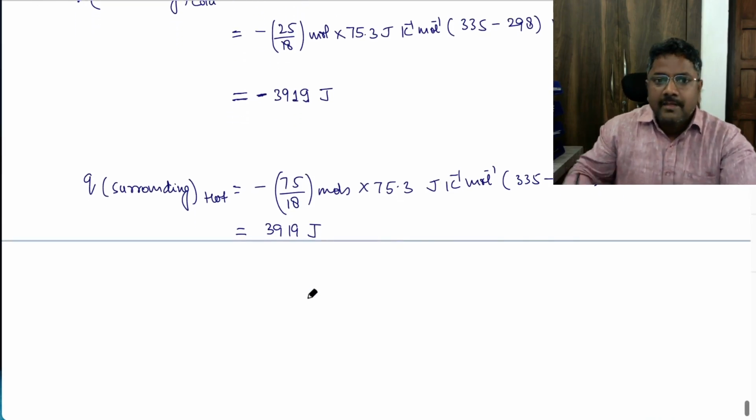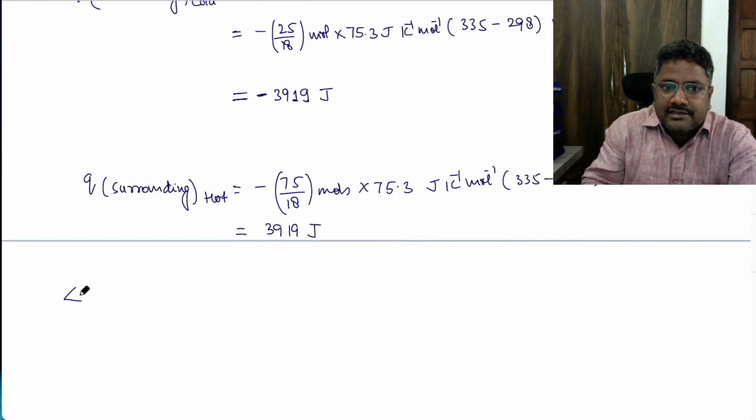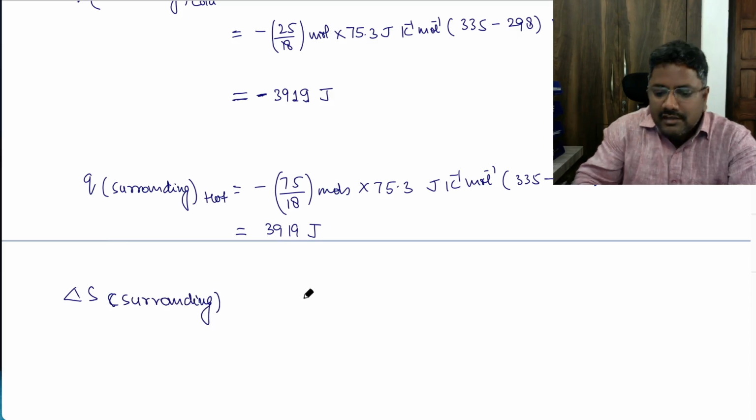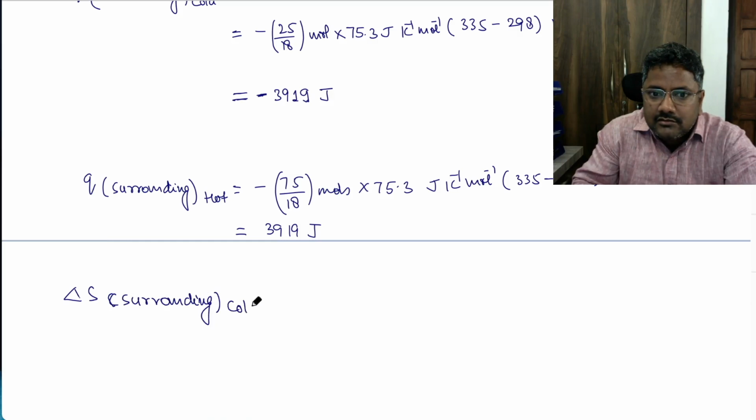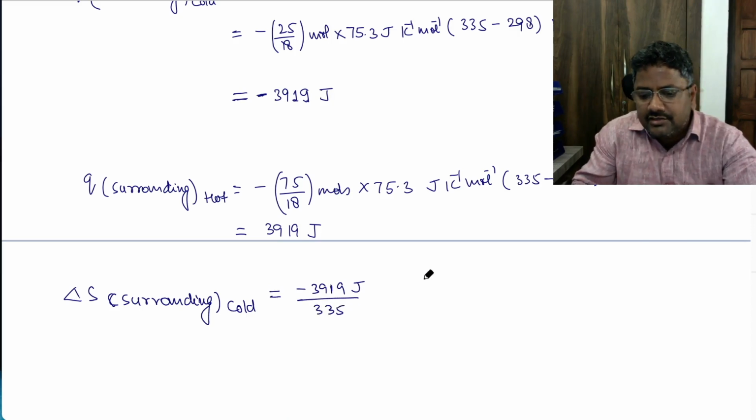Right, now we can calculate delta S surrounding for the cold. Delta S surrounding for the cold is minus 3919 joules divided by T, that is constant 335, right? So this is equal to minus 11.67 joules per Kelvin.